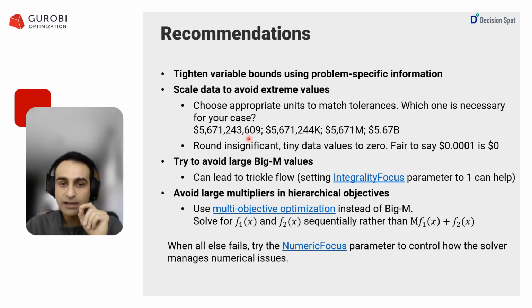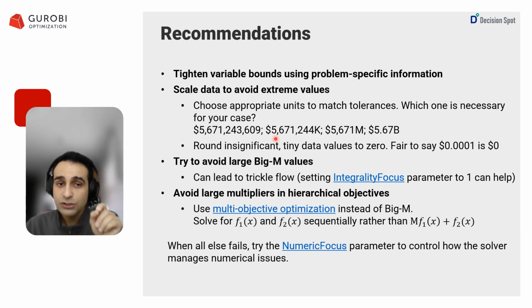Do you think anyone cares about this 609 at the end? Like, does it matter if you replace it with 3 zeros? Maybe in your case, even the 243,000 at the end is also redundant and everything should be measured in millions or even billions. If that's the case, then help the model.